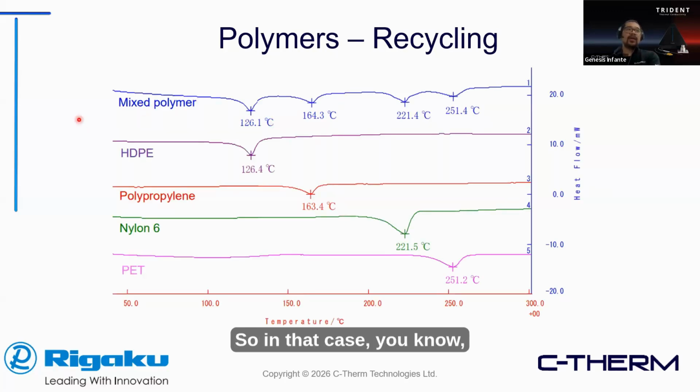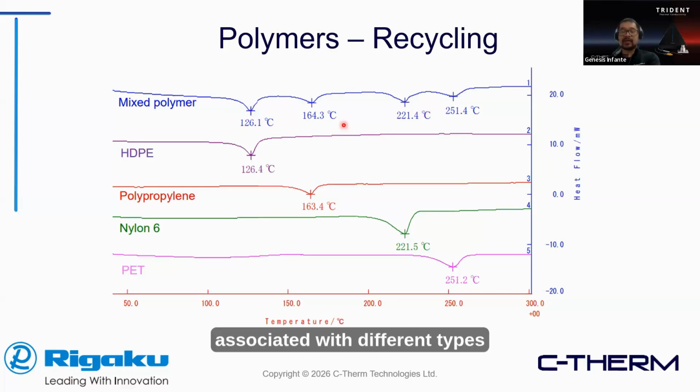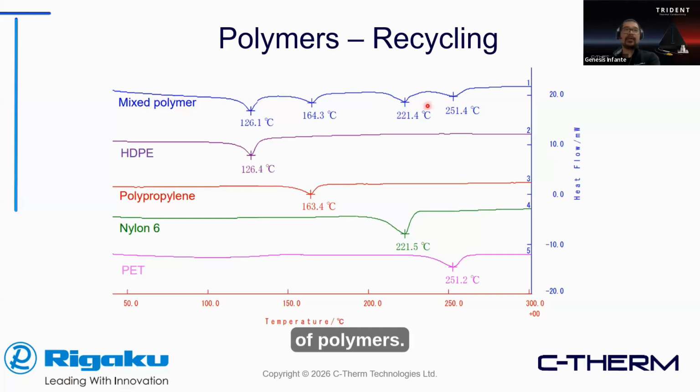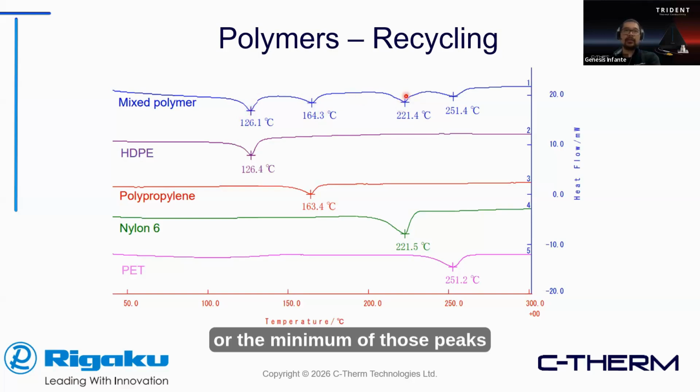In that case, you do a DSC run with the mixed polymers, and you see that there are several melting peaks associated with different types of polymers, and then you identify the maximum or the minimum of those peaks at whatever temperature it's occurring.